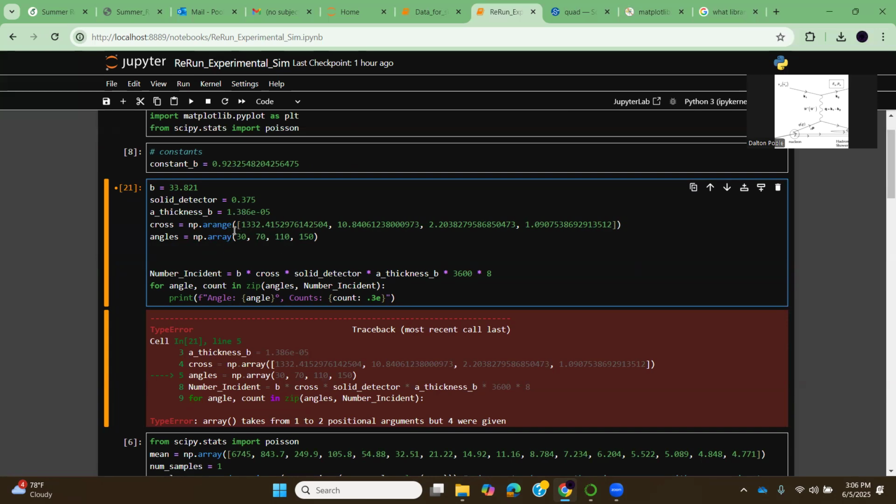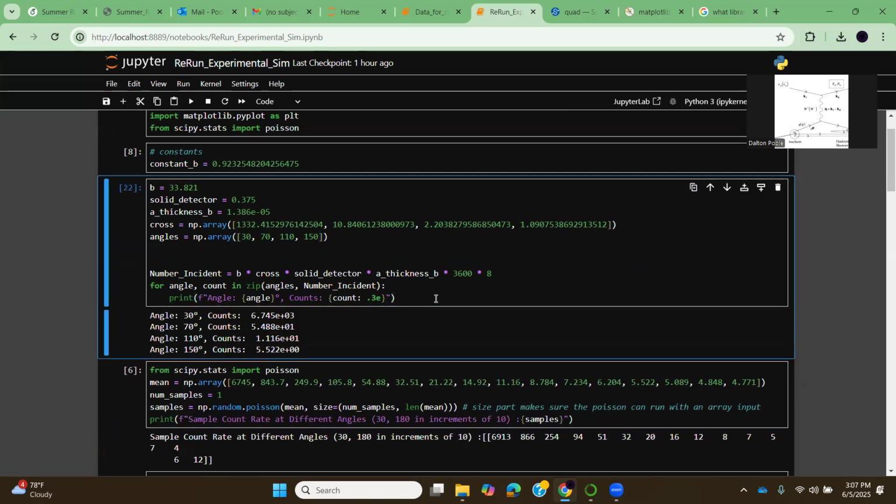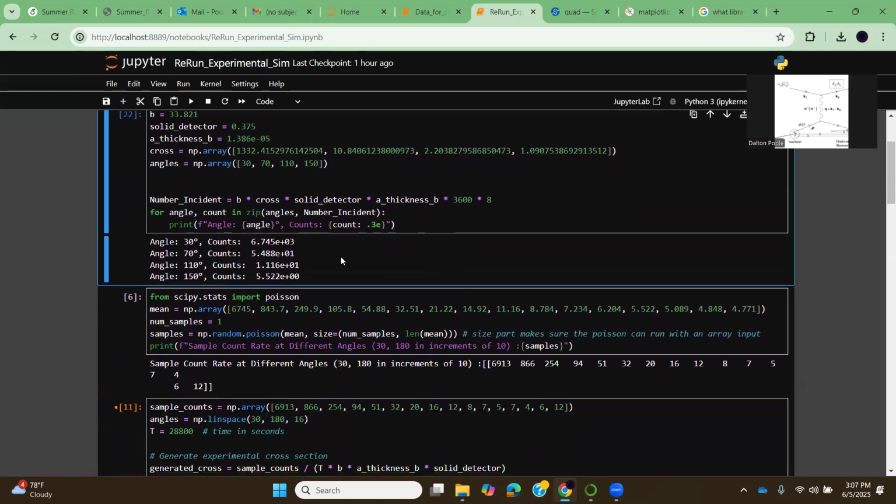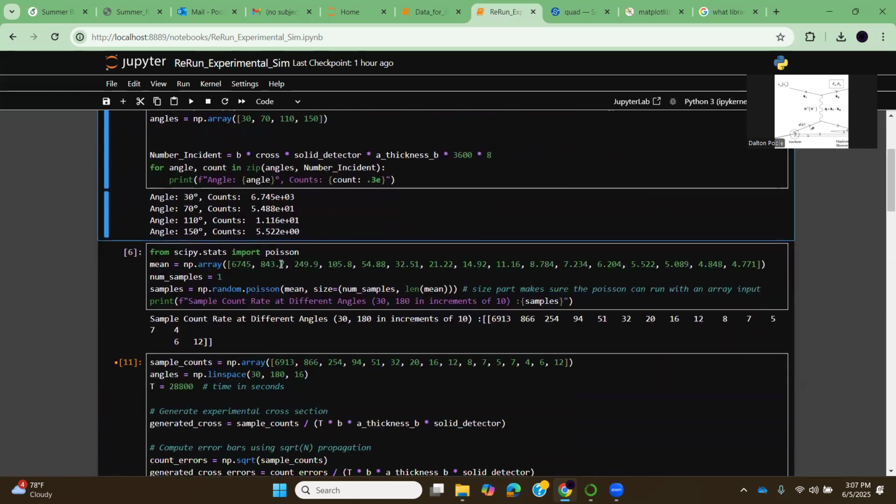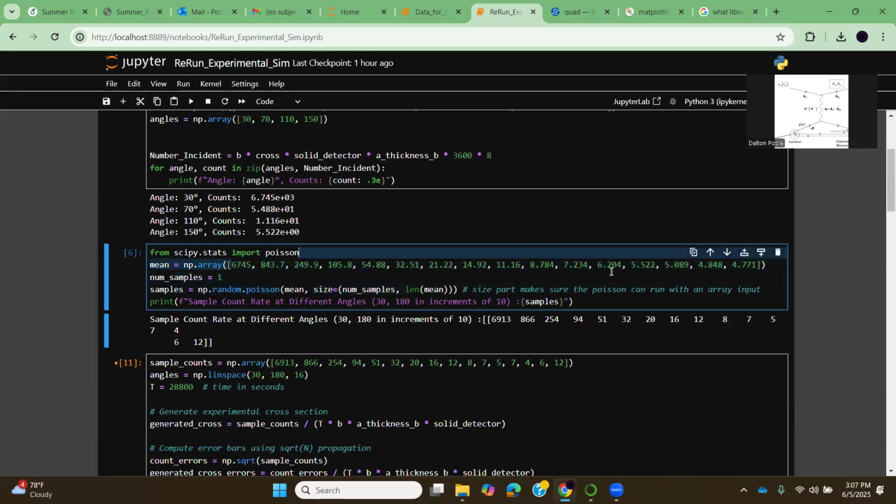Oh no, I'm not true. I need to just put the bars in. As long as I put the bars in, it should be fine. Yeah, there we go. So there's my counts. Now I need to take these counts and throw them into my Poisson stuff here.